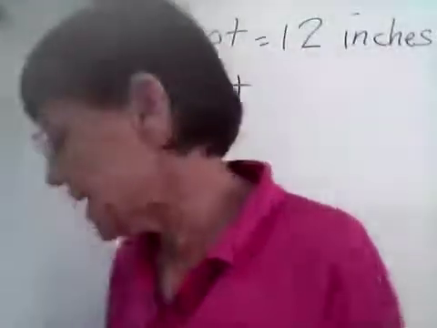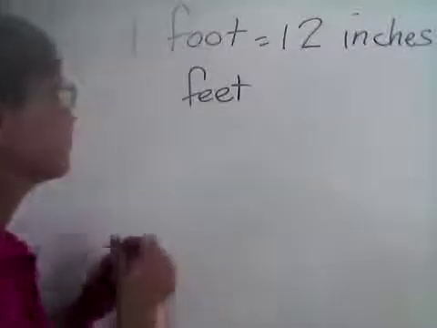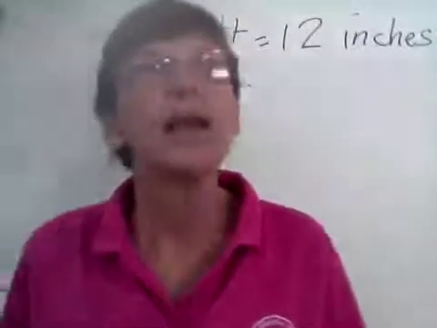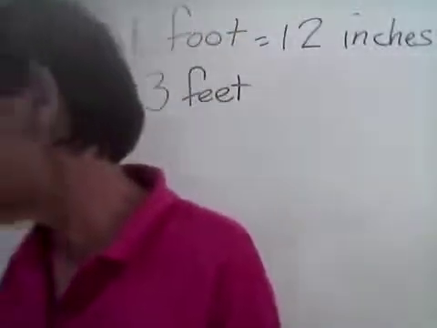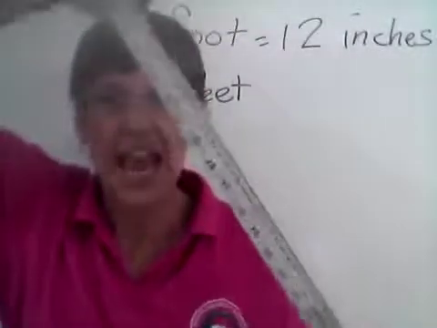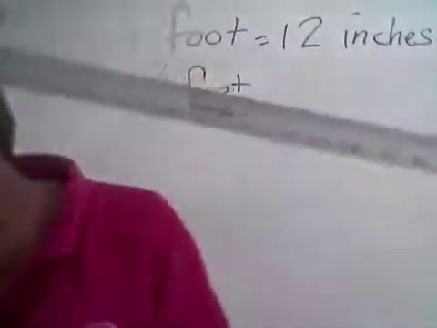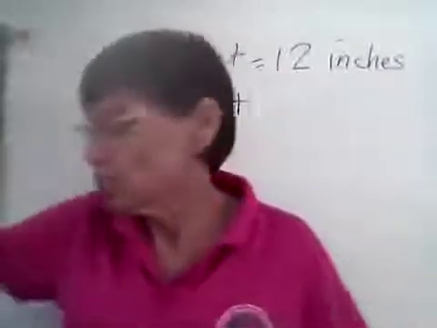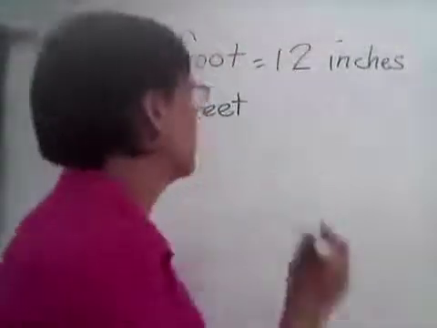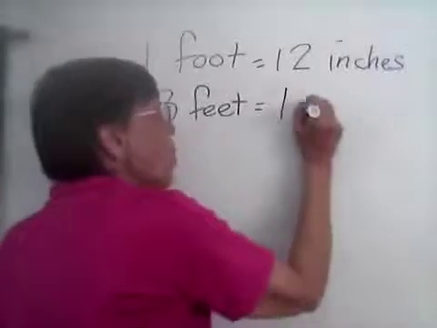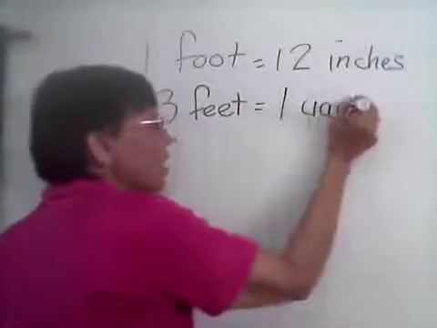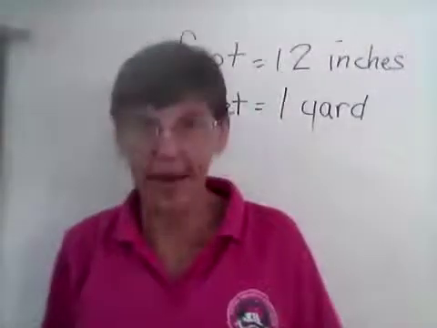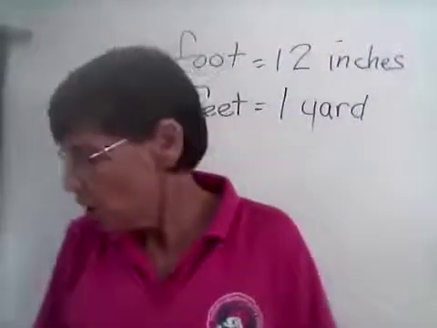And then we said if you have 3 feet, you look very funny, right? No. If you have 3 feet, you have what we call a yard. 3 feet make a yard, okay? 3 feet equals 1 yard, and that's a giant step. 1 giant step.